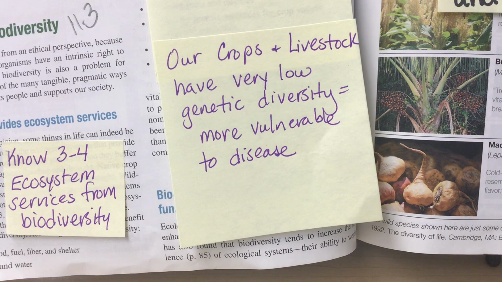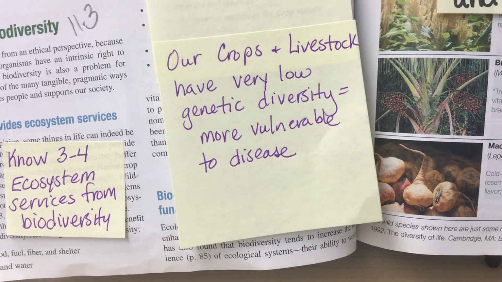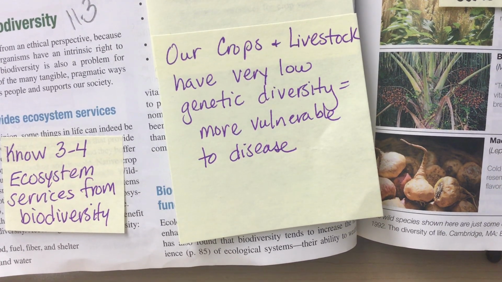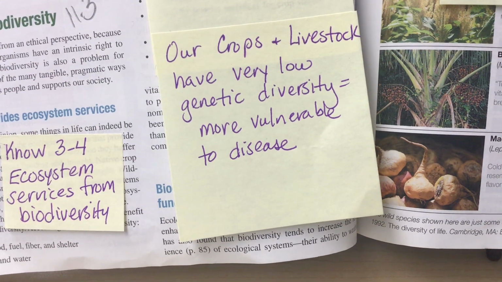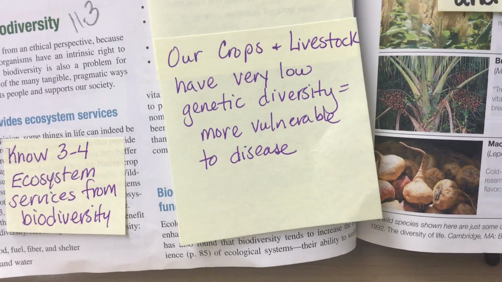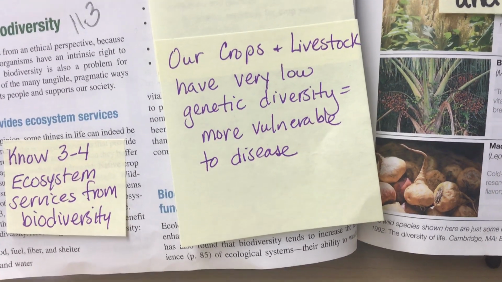And so that is a concern. You learned about that in a previous chapter with the seed bank to try and preserve genetic diversity of plants. But it also is the case with our livestock, so cattle, pigs, chickens, etc.